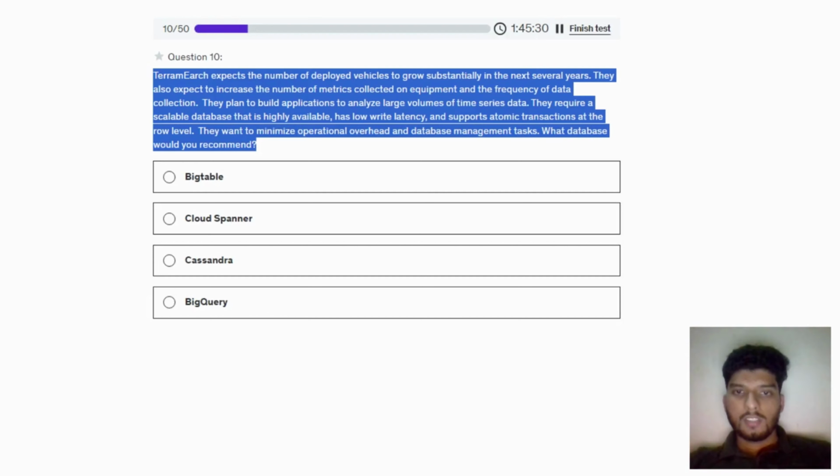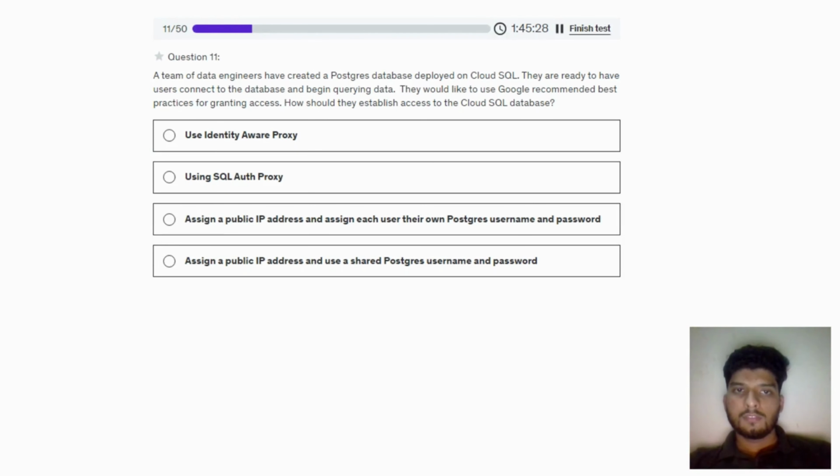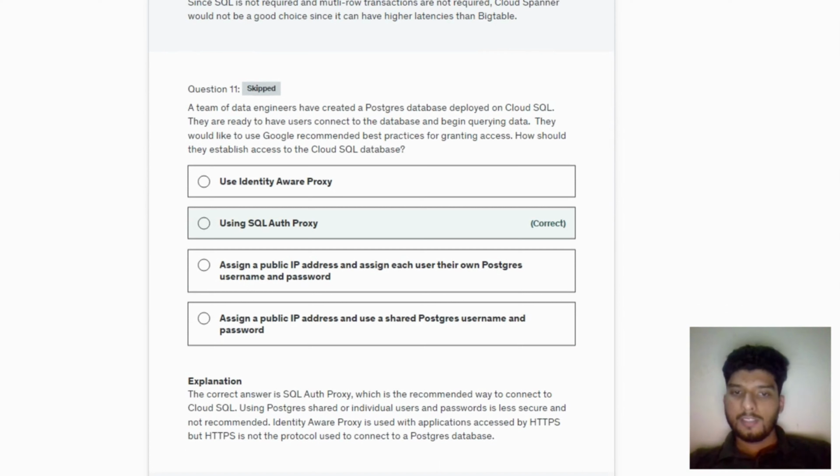So the next question is, the right answer is use Cloud SQL Auth Proxy.